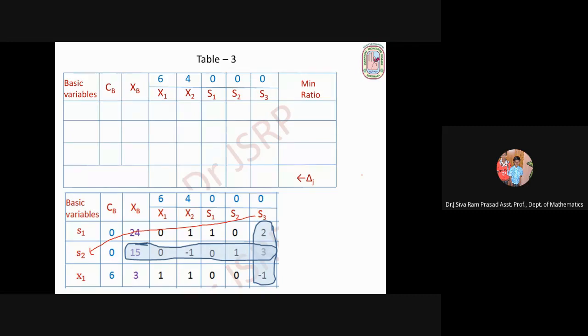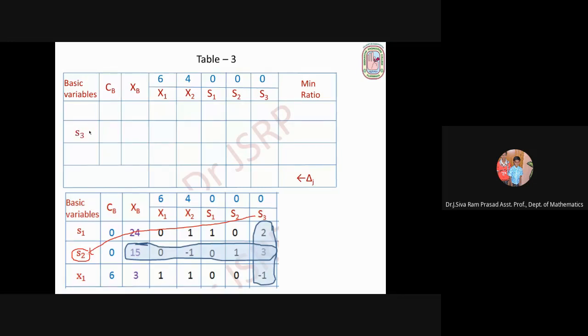So this is the table 3 structure, and this is table 2. In place of S2, we have S3. S3 is the entering basic variable and S2 is the leaving basic variable in table 2.